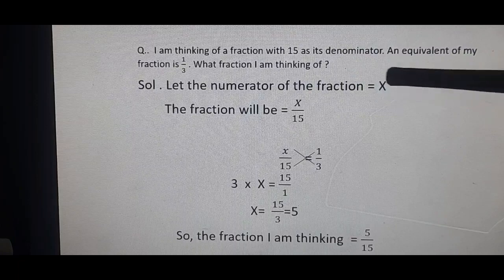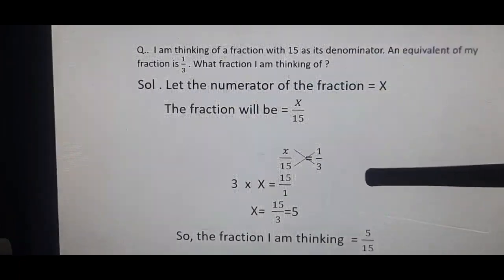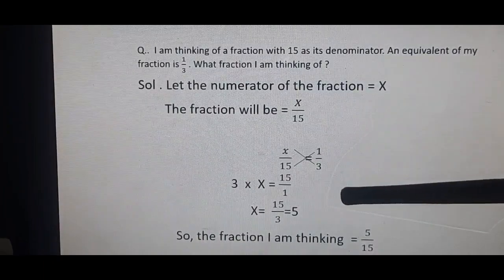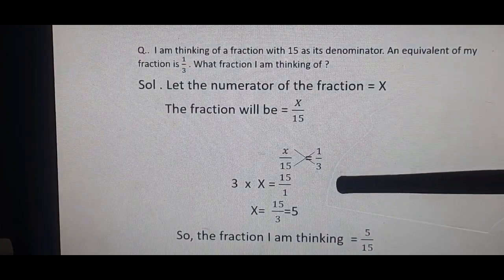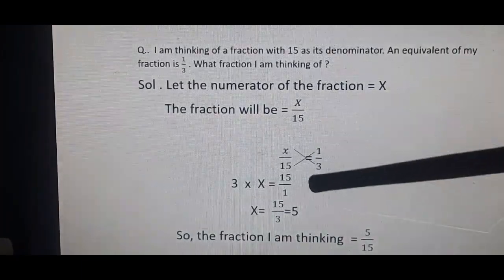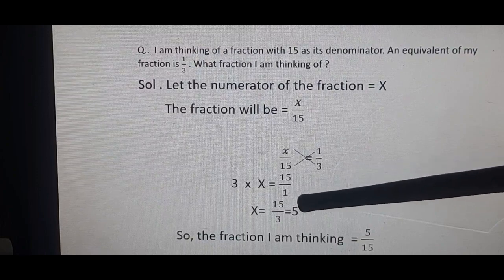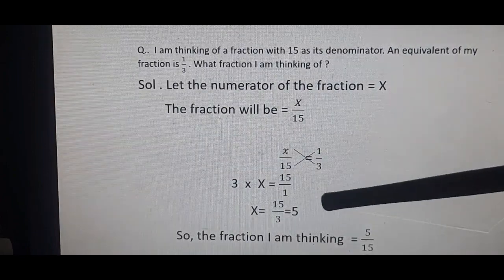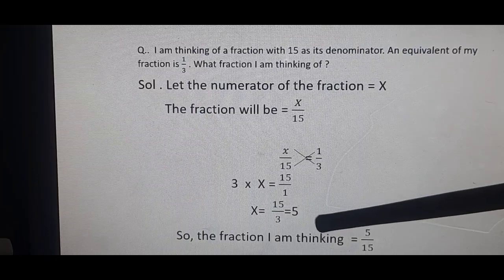And it is equivalent to my fraction 1 upon 3. x upon 15 is equivalent to 1 upon 3. Now do cross multiplication to find the value of x. When we cross multiply, it will become 3 into x is equal to 15 into 1 upon 1. x will be written to the left and 3 will be shifted to the denominator on the right side.